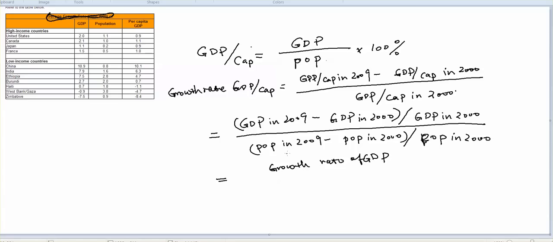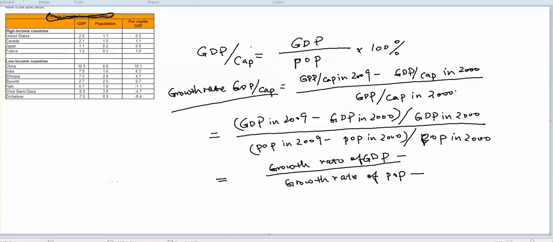And how about the denominator? The denominator is trying to calculate the growth rate of population. So now you know the relationship between the growth rate of GDP per capita and the growth rate of the GDP, growth rate of the population.